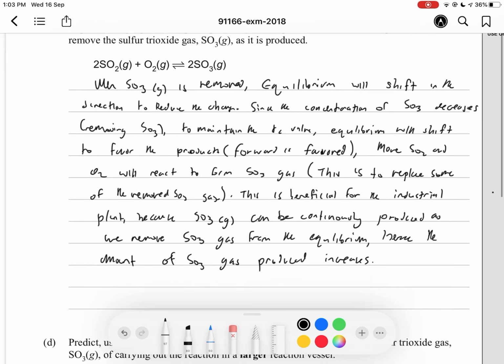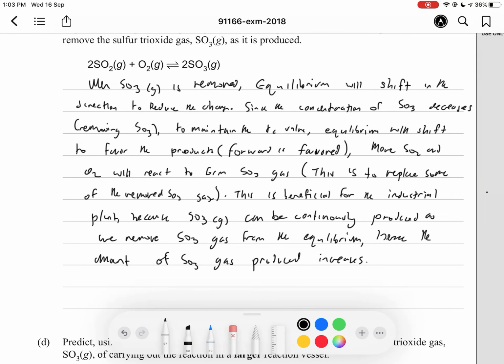So we're going to go back to our equilibrium equation. We have 2 moles of SO2 added with 1 mole of O2 produces 2 moles of SO3. As you can see here, the reactants have more gas particles: 2 moles of SO2, that's a gas, and 1 mole of O2, that's a gas.